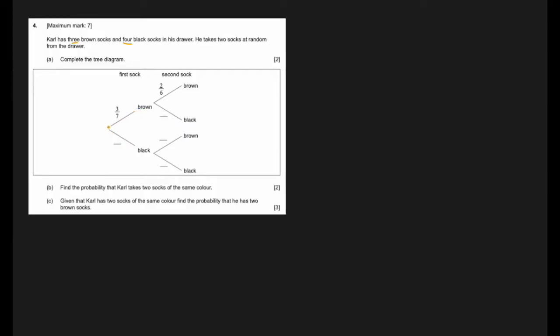So the sum of all the branches from the same point is always 1. This will be 4 out of 7, so that their sum is 1. It is 2/6. This will be 4/6. Now, we have to fill both of them here. So now we'll have to look at the logic. 4 out of 7, the first sock. If we reach this branch, it is confirmed that the first sock is black. So one black sock is gone now.